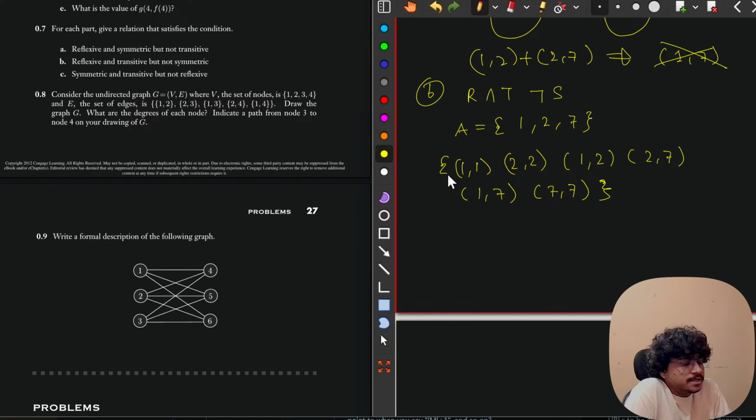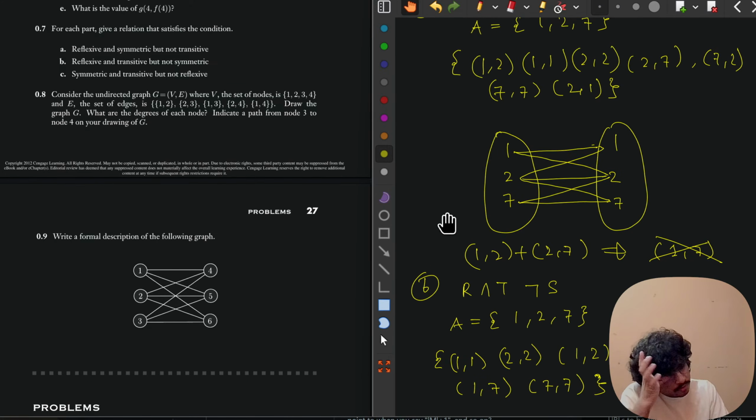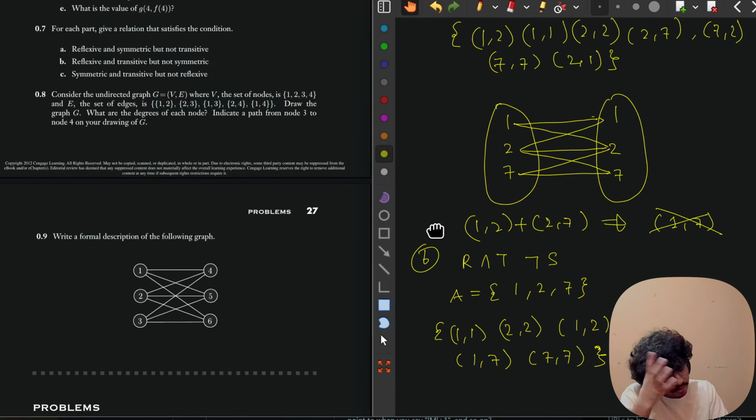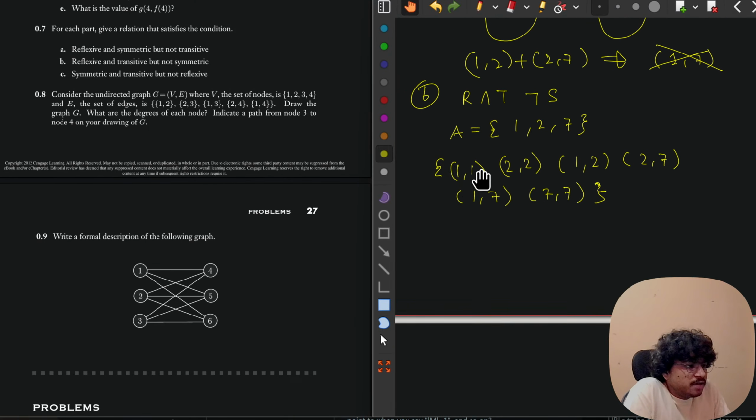But is it transitive? Oh wait, I forgot one. No, no, it's fine. We should not make it transitive anyway. We have 1 comma 1, we have 1 comma 2, so we should have 1 comma 2. Yes, we have 2 comma 2, 2 comma 7. We have 1 comma 2, 2 comma 7, then 1 comma 7.